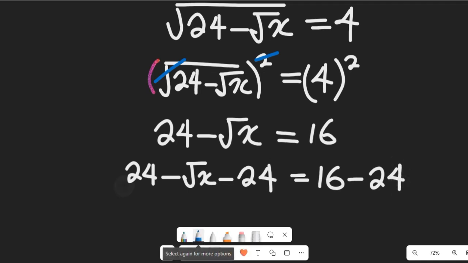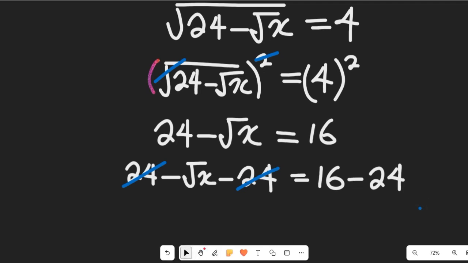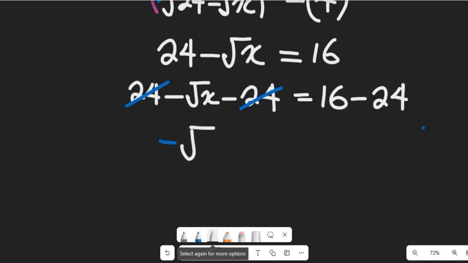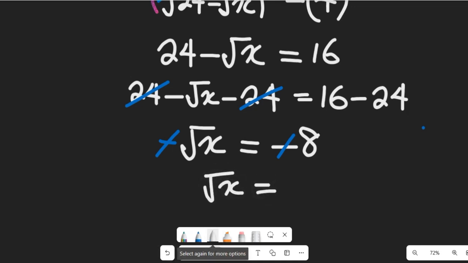From here you see that 24 will cancel out 24, and we're going to have the negative square root of x equal to negative 8, because 16 minus 24 gives us negative 8. While negative cancels out negative, we'll have the square root of x equal to 8.